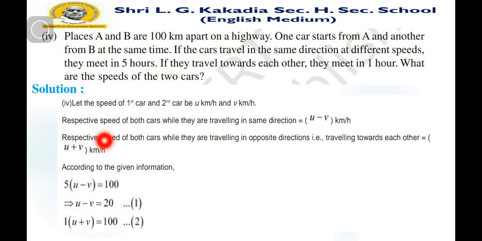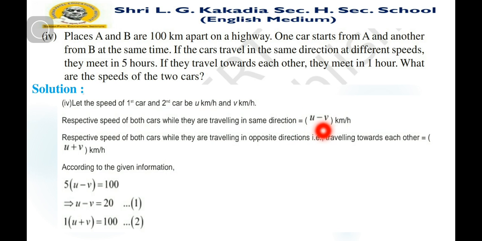Let the speed of the first car and second car be u kilometer per hour and v kilometer per hour. The respective speed of both cars while traveling in the same direction is u minus v kilometer per hour, because both cars are going in the same direction.